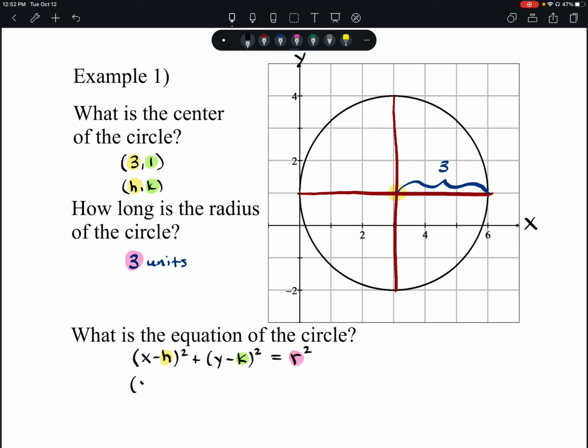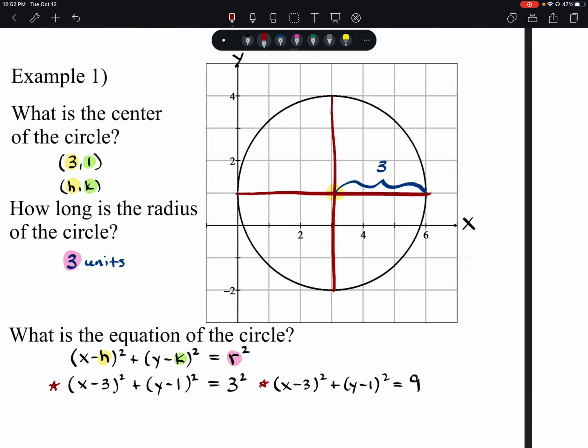We should have (x minus 3) quantity squared plus (y minus 1) quantity squared is going to equal 3 squared. And you can even take that 3 squared and square it to get (x minus 3) squared plus (y minus 1) squared is going to equal 9. Either of these two forms would be acceptable.